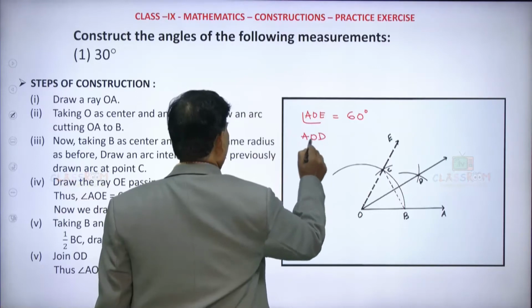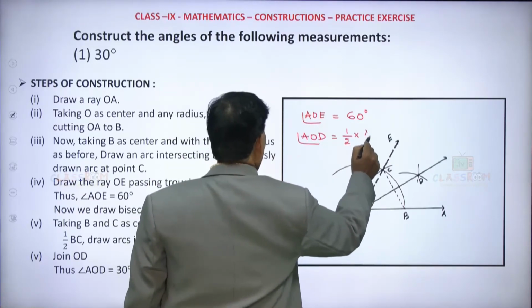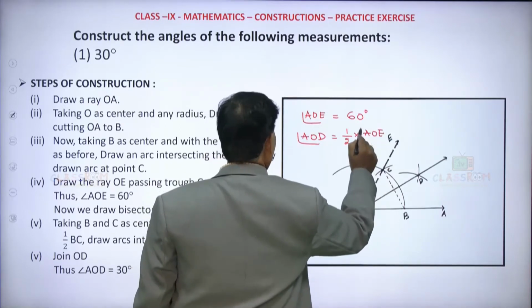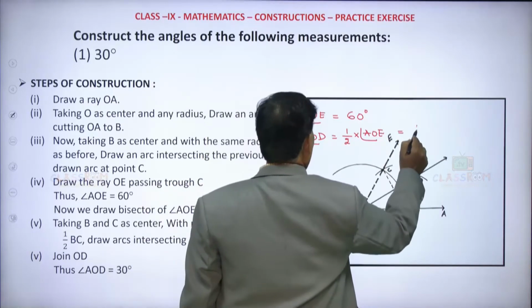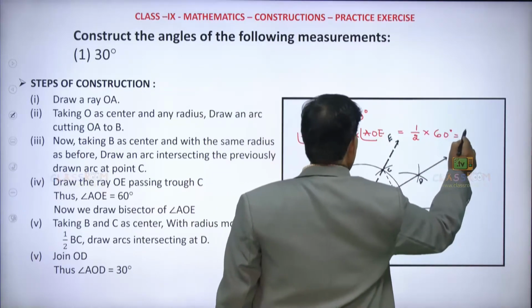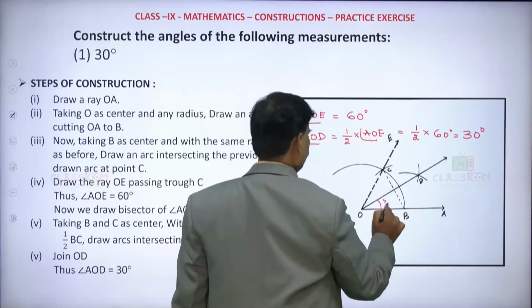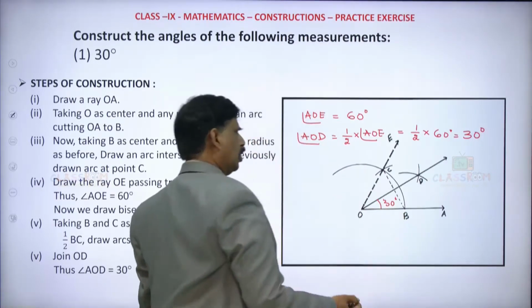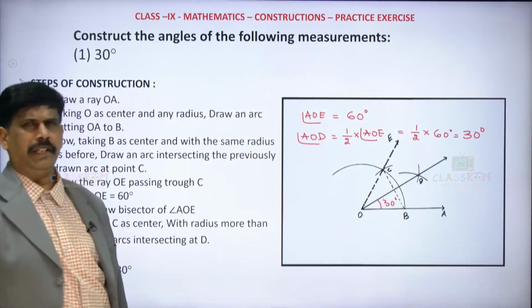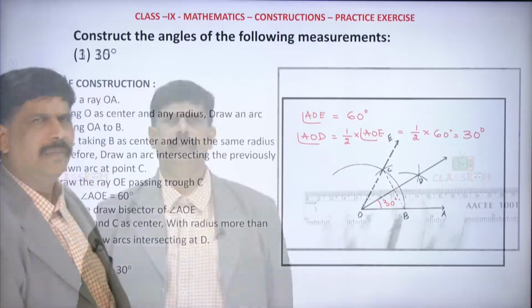Angle AOD is 1 by 2 of angle AOE. So that is equal to 1 by 2 into 60 degrees. That is equal to 30 degrees. So this angle is 30. So this is how we draw 30 degrees using a compass. Clear? See the next one now.